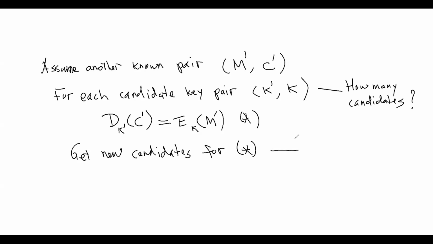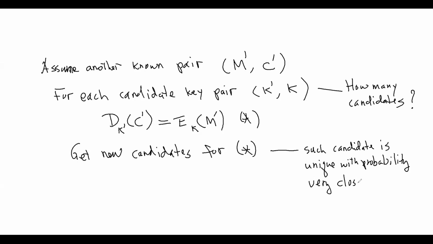Okay, so we can show that such candidates are unique with probability, I'm sorry, cannot be greater than 1, of course, very close to 1.